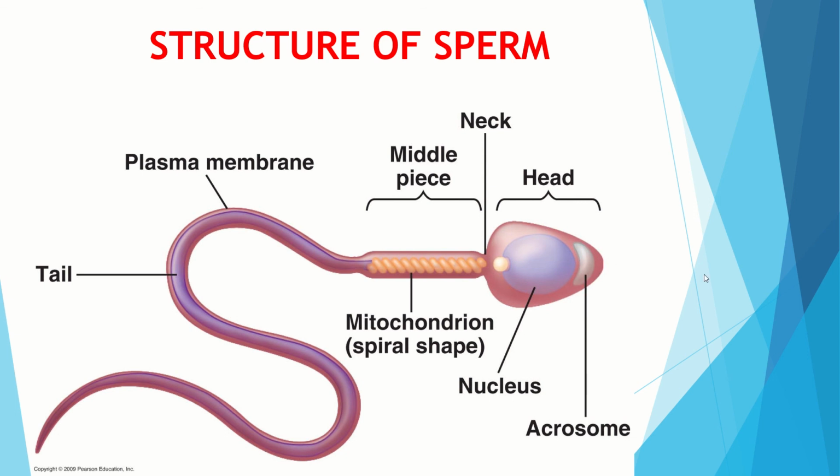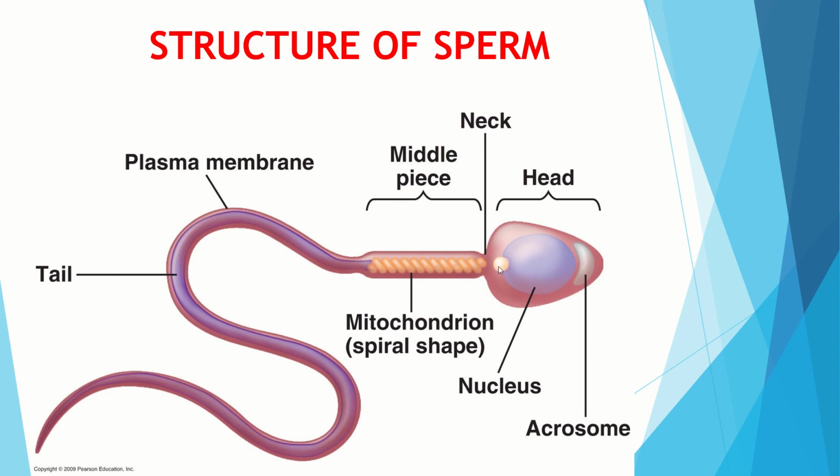While the sperm is reaching the egg, this acrosome will penetrate, rupture and digest the egg wall. So that is the acrosome. The head consists of 2 parts: one is the nucleus, another is the acrosome. In this nucleus, the anterior part is bulged, and posteriorly we can find a depression.